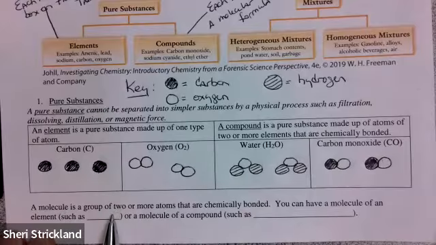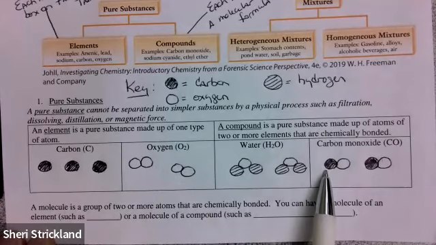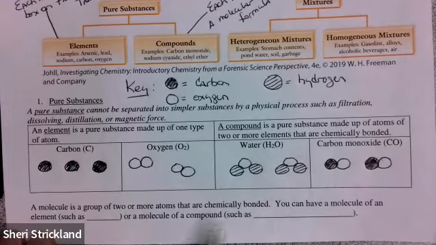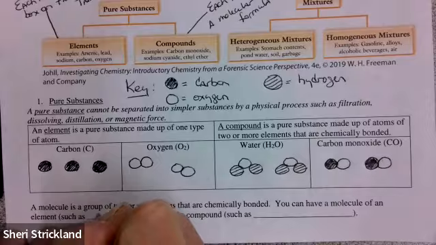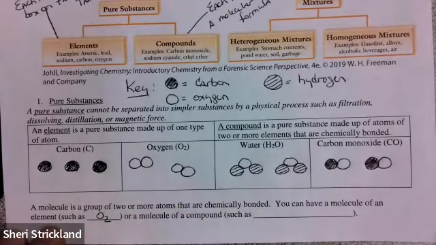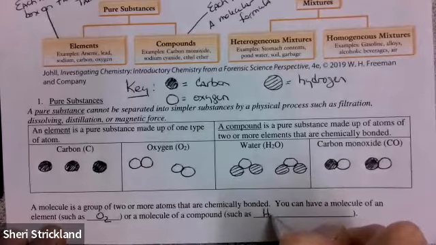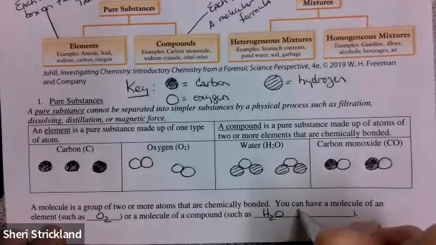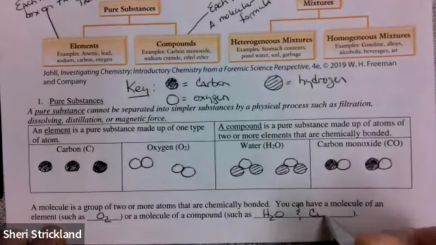And a molecule is just a group of 2 or more atoms that are chemically bonded. If they're the same, it's the molecule of an element. If they're different, it's the molecule of a compound. So we have a molecule of an element, such as oxygen, and we have molecules of compounds up here. We've got water, and we've got carbon monoxide, and we'll talk more about that later.